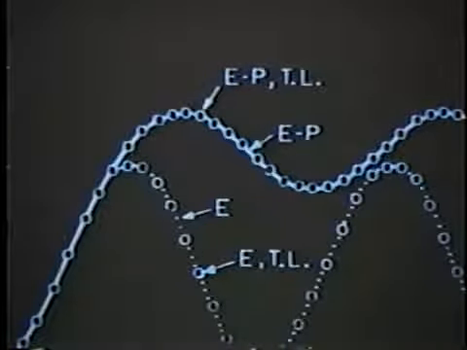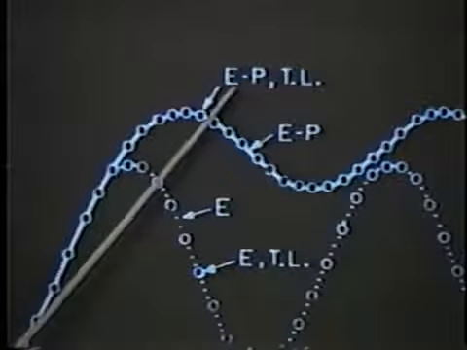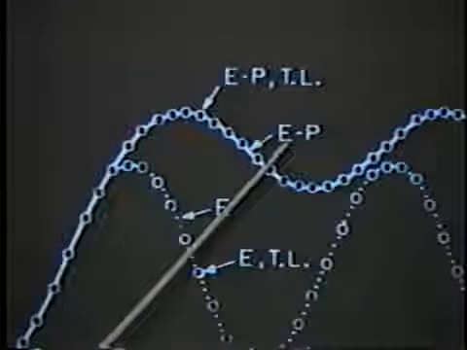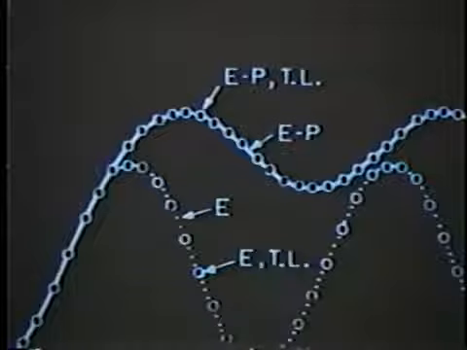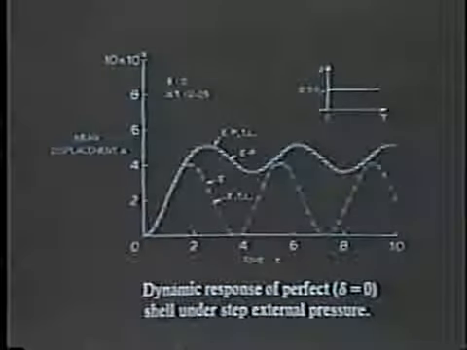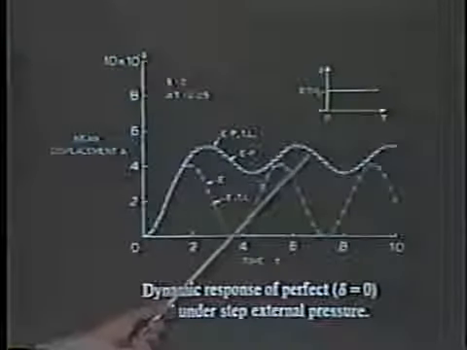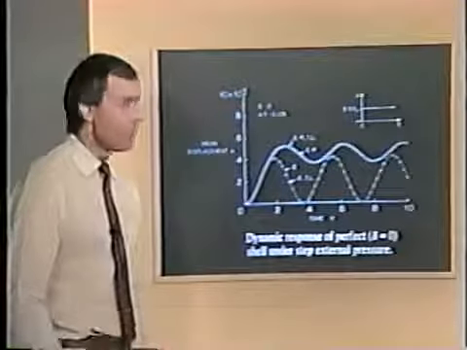I think you know now what I mean by E and ETL. The EPTL solution results are quite close to the EP solution results. This means that the shell is stable under this load application. In other words, there is no buckling, no increase in deformations as time progresses.